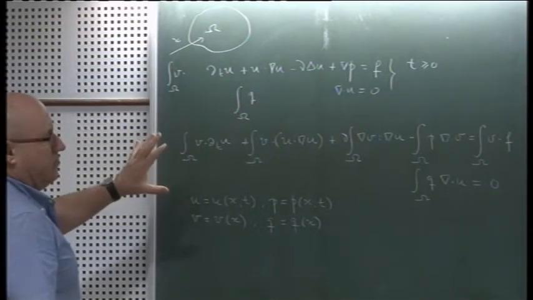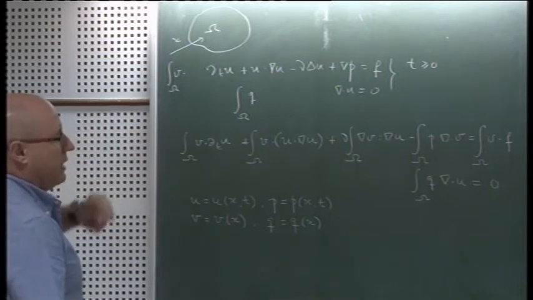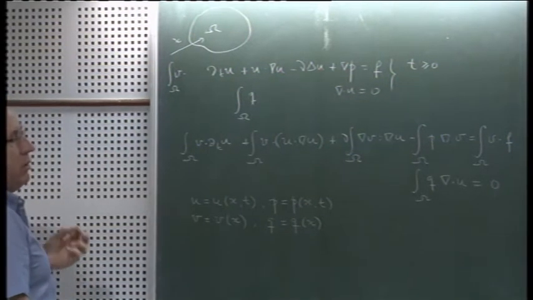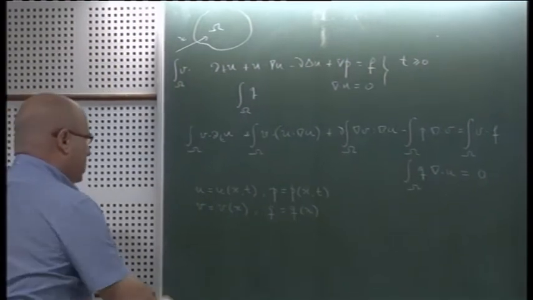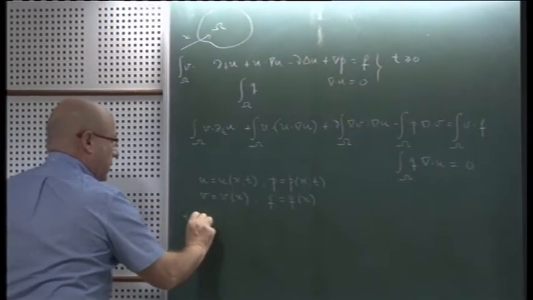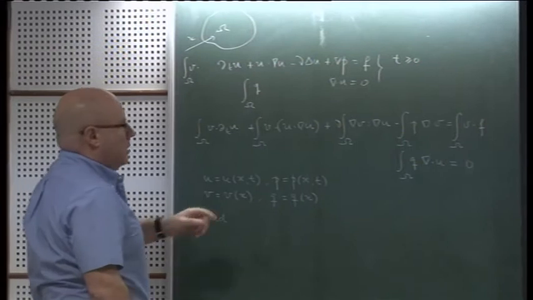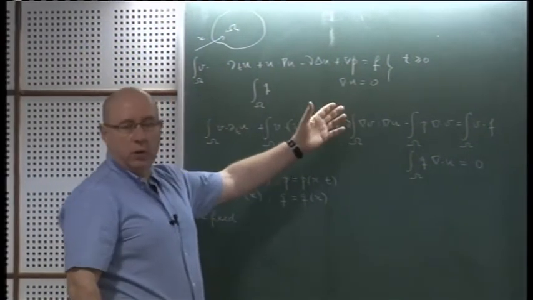Now, for each time, let's fix time for the moment. For each time, which is the regularity that we need? Okay, for t fixed, it is clear that we need the same as for the Stokes problem at least, right?